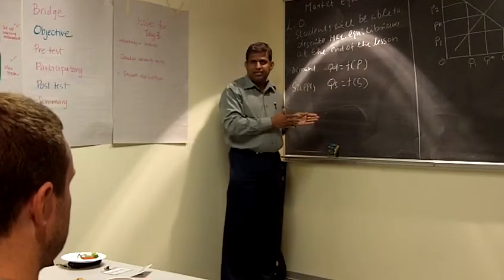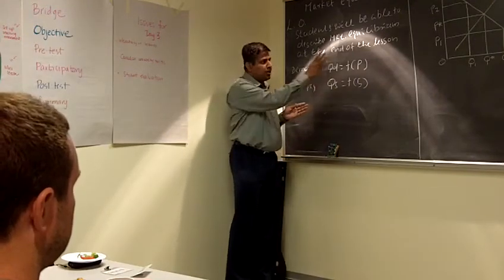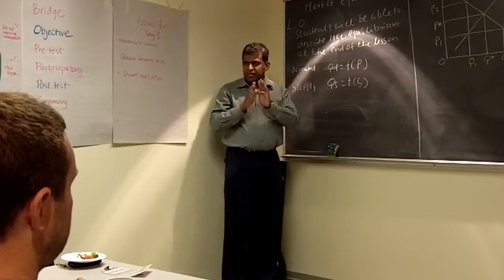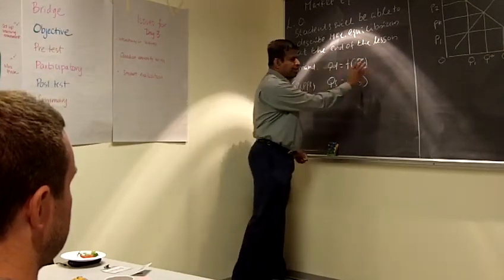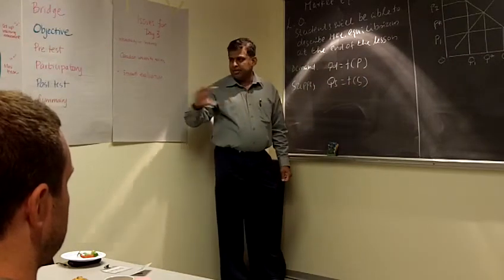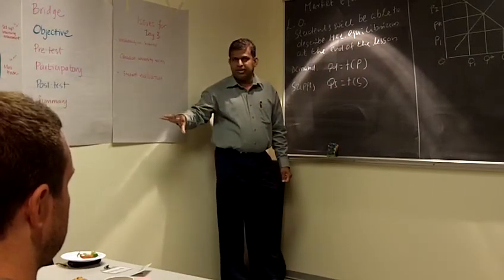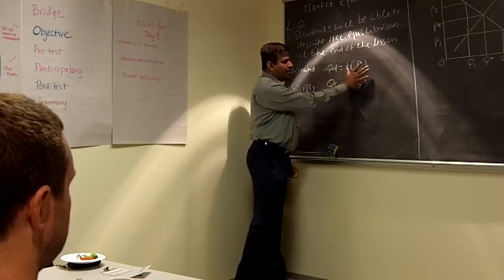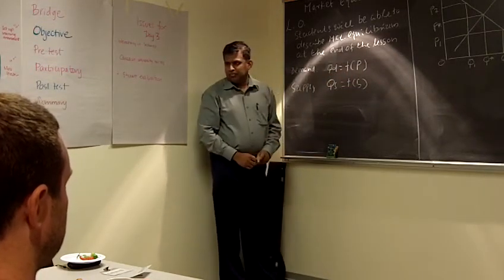But in theory, to explain the market equilibrium using a diagram, we assume that all the other factors that affect demand remain constant in this particular period. So demand is a function of price.